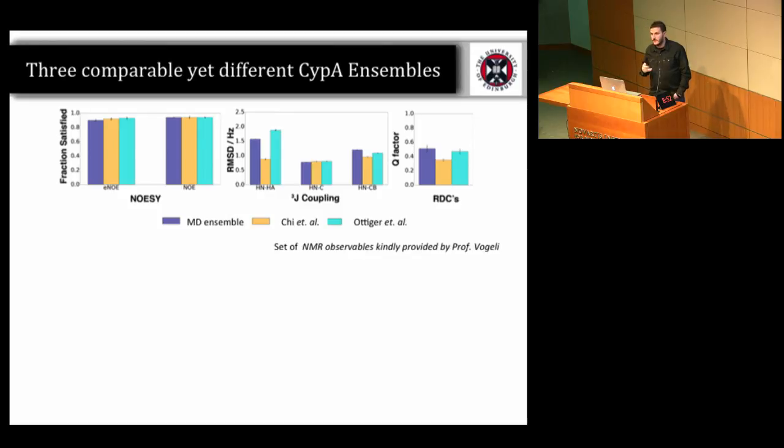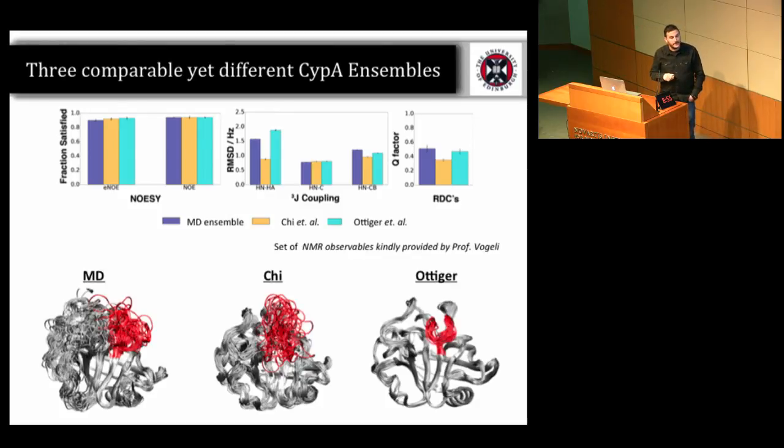But if you actually go and look at the ensembles, they look quite different. So we thought that maybe there is some degeneracy of these observables, and that they are not able to completely discriminate the structures that are clearly different when you go and look at them. So we wanted to try to derive a model-based hypothesis that will help us increase our confidence in the model.